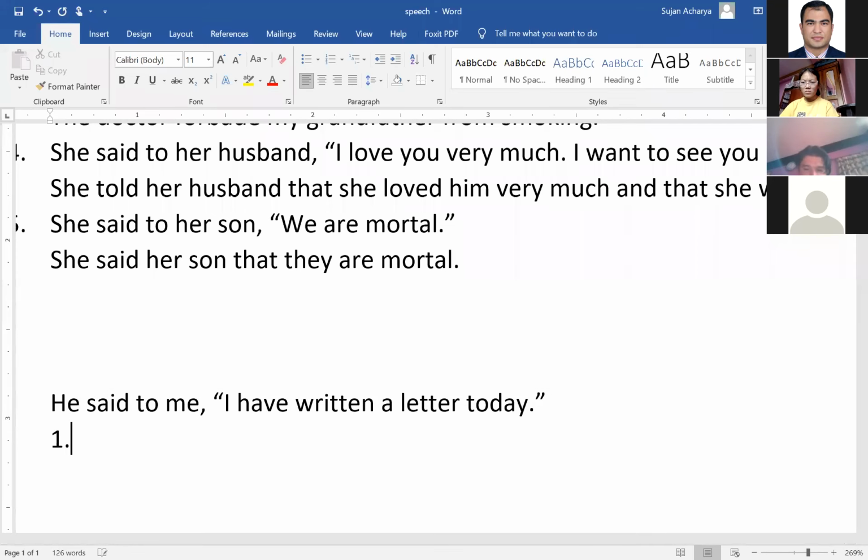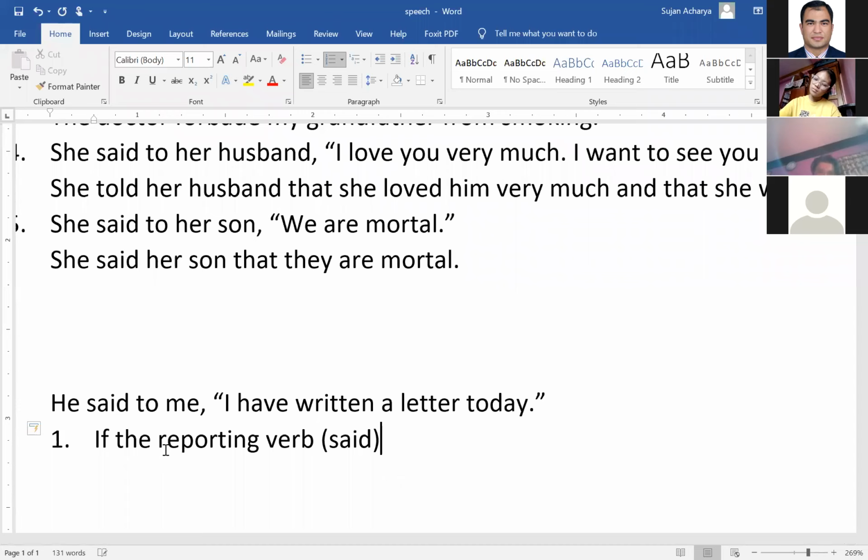Rule number 1. Now, if you want, you can sit with your exercise book as well. Make a note of it. If the reporting verb, which one is the reporting verb here in the sentence?